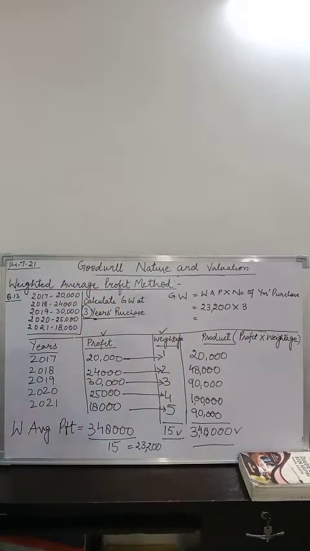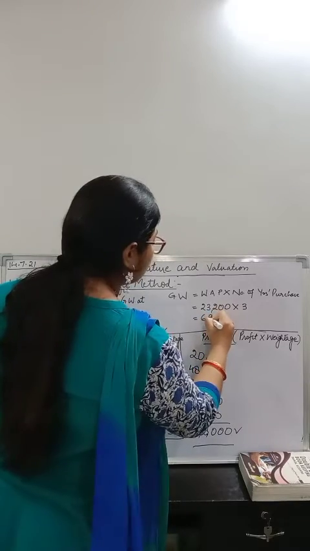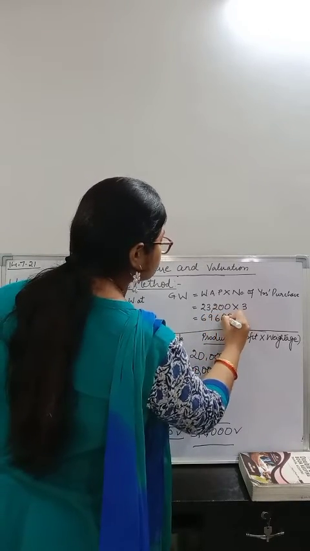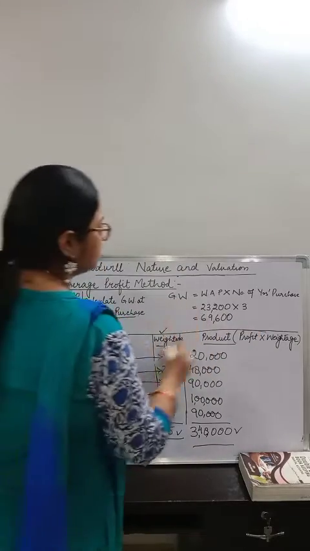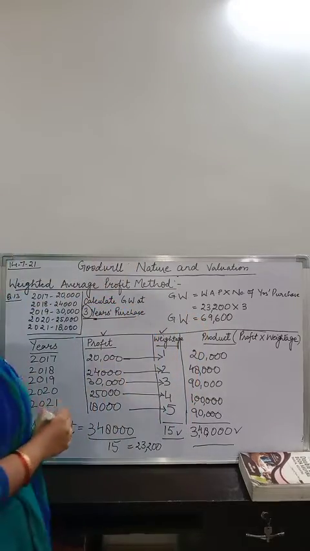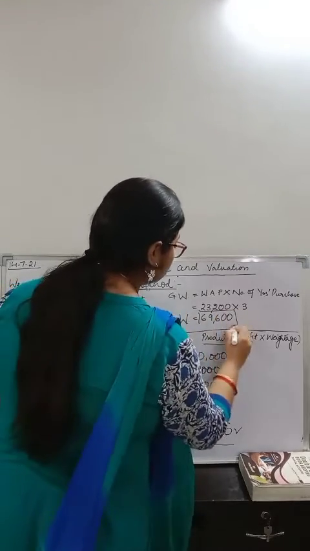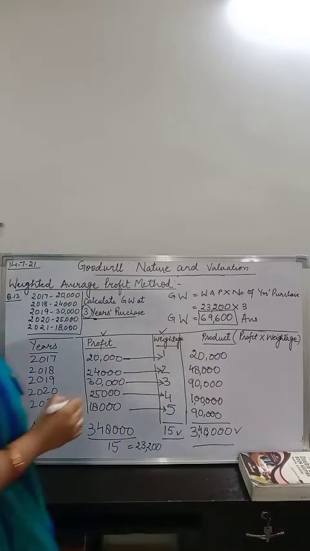What shall be the product? It is 69,600. That means the goodwill of the firm is 69,600, and this is your answer.